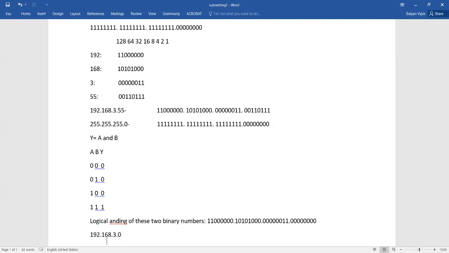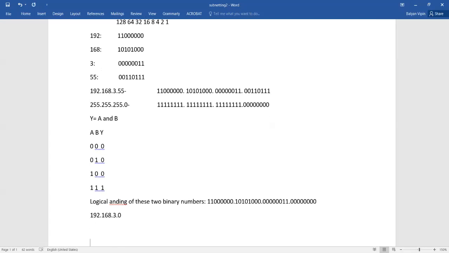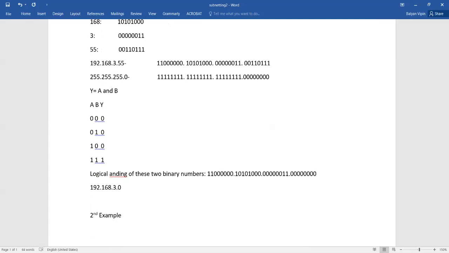So instead of this, if we have something like this, let me make it the second example. It is 192.168.3.55 and it's written as /28.